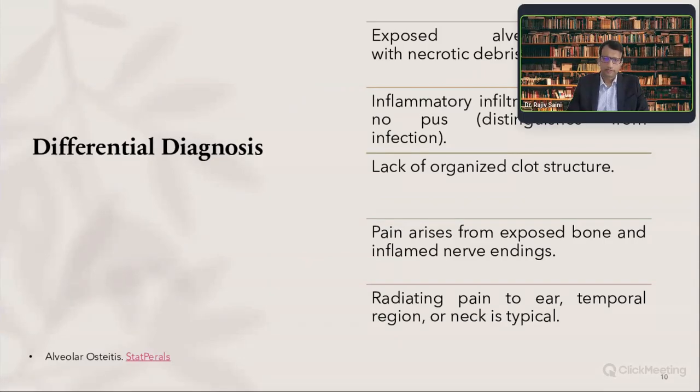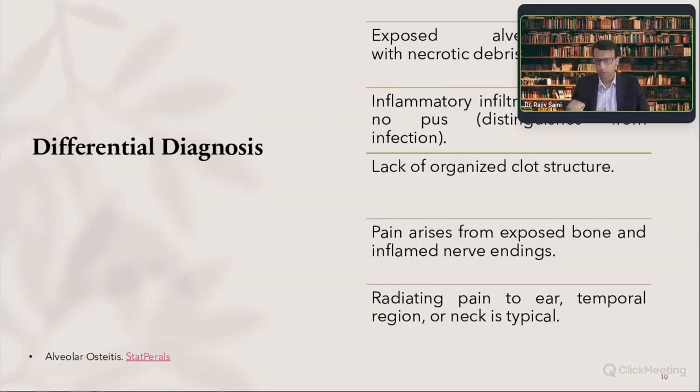Now, it is important to differentiate dry socket from other post-extraction complications. Number one, infection presents always with swelling, pus, and systemic signs such as fever. Osteomyelitis involves persistent bone pain and radiographic changes. That's a key feature.